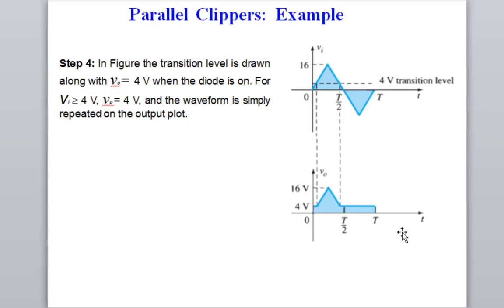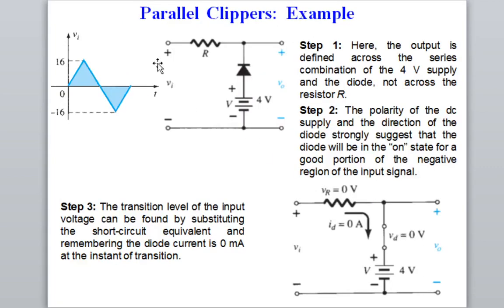Now that you know the state of the diode, you can find out the output signal when the diode is in the on stage and in the off stage. When the diode is in the conducting stage, from minus 16 volt up to plus 4 volt, the output voltage will be positive because this is the plus-minus polarity.